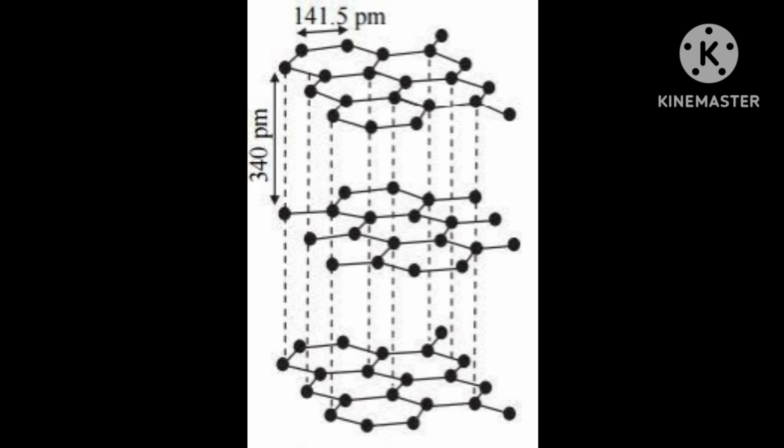Unit means 1. And that will repeat, and it can make a big size. Then the smallest size, or repeating unit. That's why we are telling unit, because that molecule only will repeat every time. Then that is called unit cell.